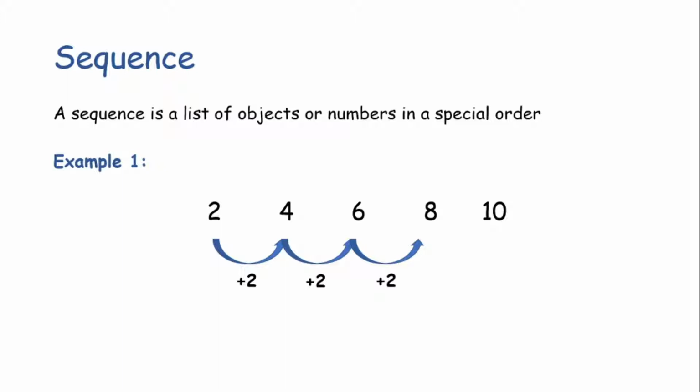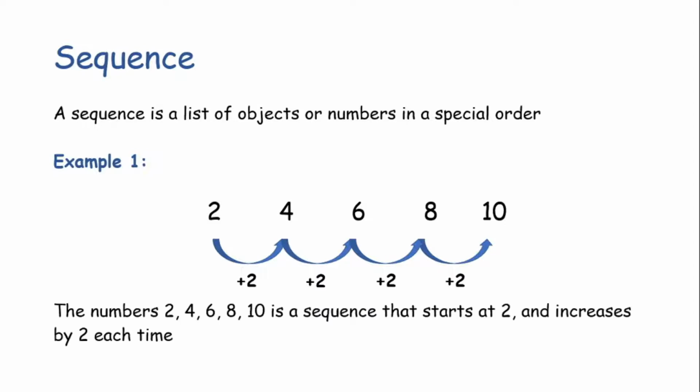By continuously adding 2 to each of the terms that follow, we can get the fourth and fifth terms of this sequence, which are 8 and 10 respectively. So here we can say that the numbers 2, 4, 6, 8, and 10 are a sequence which starts at 2 and increases by 2 each time.